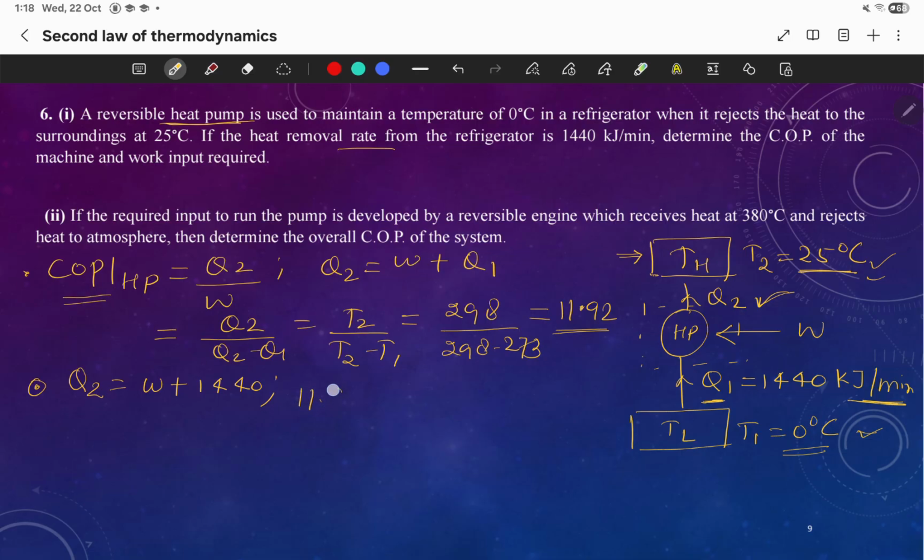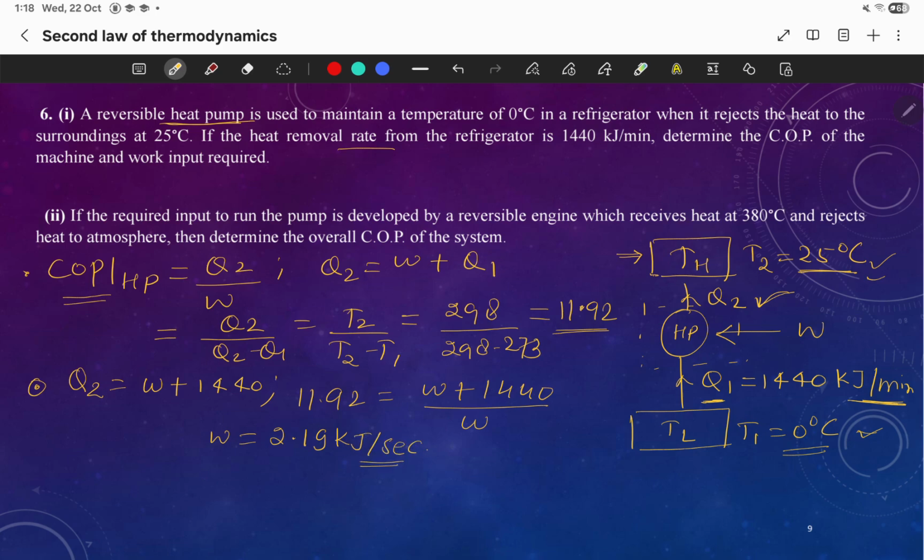Now use this relation. COP is 11.92, and Q2 is W plus 1440, upon W. Now solve this relation. We will get W as 2.19 kilojoule per second.